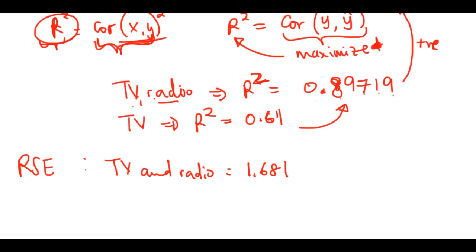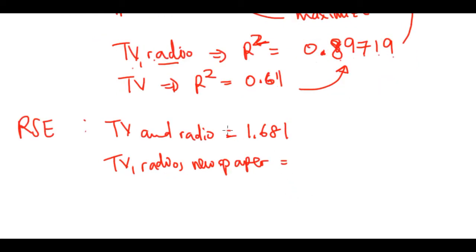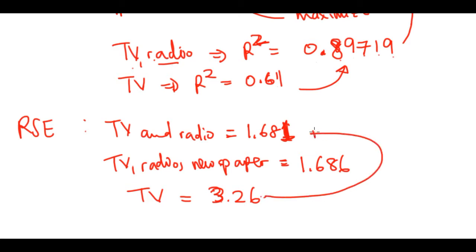And the one with TV, radio, and newspaper, the residual standard error, the RSE, is equal to 1.686. Let's see the one for TV only. The one for TV only is 3.26. So if you start with TV only at 3.26, and when you add radio, it goes down by a very significant amount, from 3.26 down to 1.68.